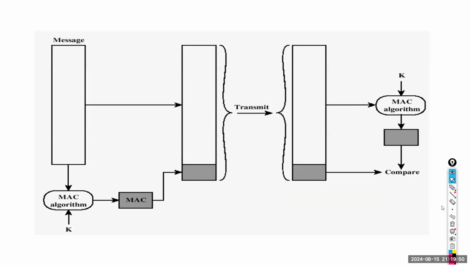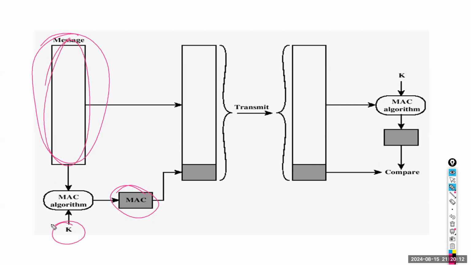So again, the idea is the same. From the original content, we generate the MAC value. Now you call it MAC value rather than hash value because this is a MAC function. But both hash and MAC are digests. But now you can see there are two inputs, your message plus key. You generate the MAC and keep it. Then you transmit.